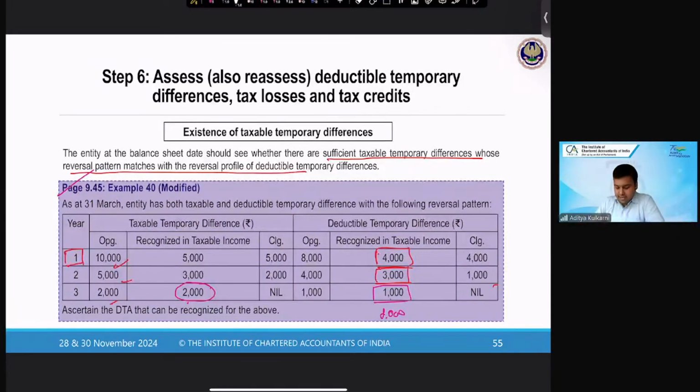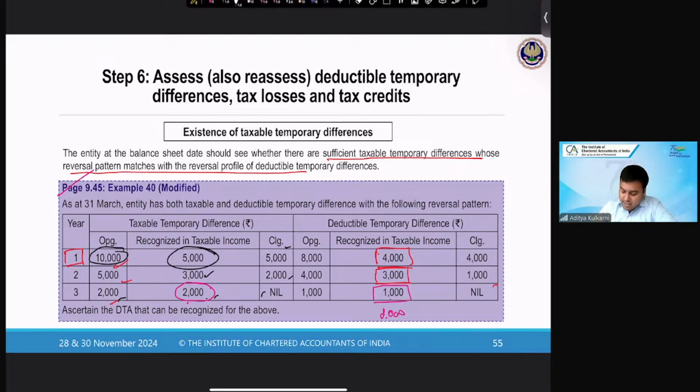I have an opening difference of 10,000. In year 1, I can reverse to the extent of 5,000. That means a DTL will become a liability in the future. So 5,000 will be reversed and the DTL will drop down to 5,000. In the second year, I can utilize 3,000. The remaining 2,000 I can utilize in the third year, and it becomes 0.